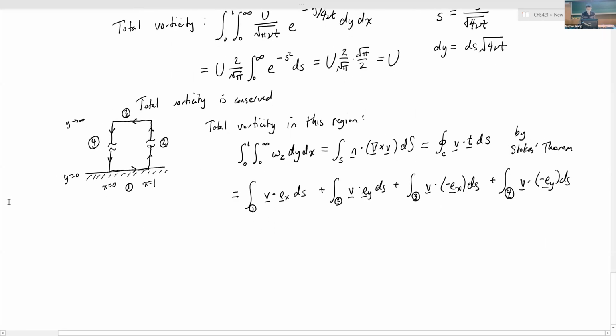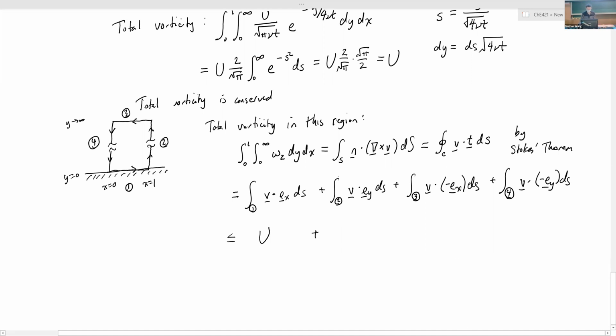And it turns out all of these integrals are really easy to evaluate. This guy right here is just v_x evaluated along this, which is at the surface of the plate. And by definition, the velocity at the surface of this plate is equal to U. And so this first integral is just equal to U. We're only integrating from 0 to 1, and so it's just U times 1, equal to U.